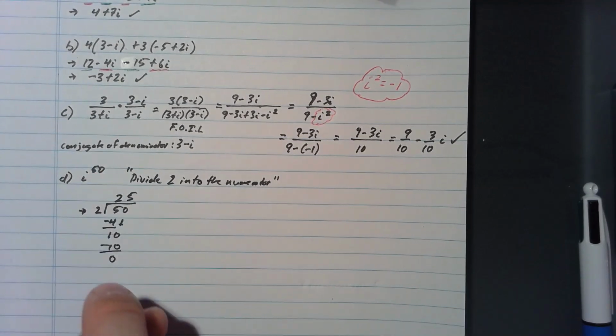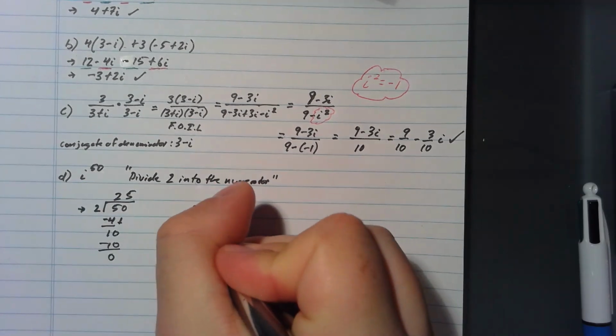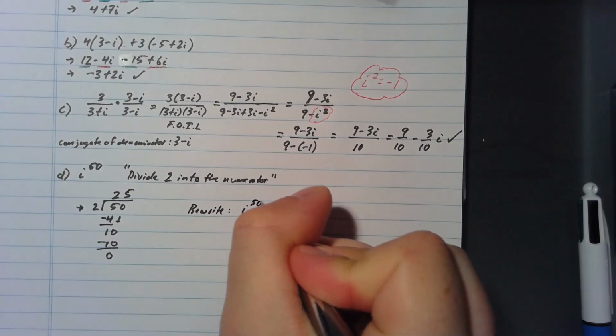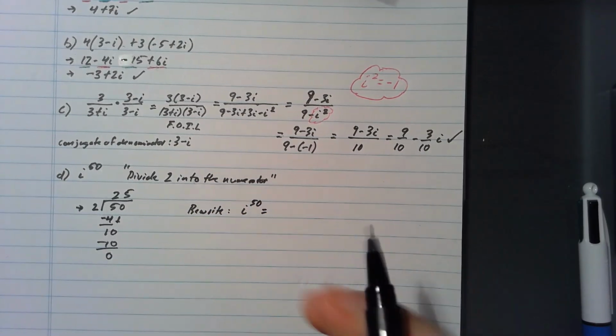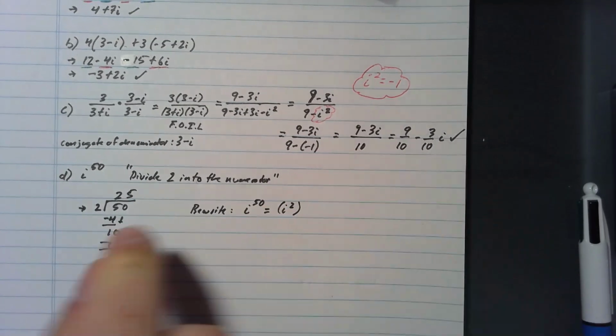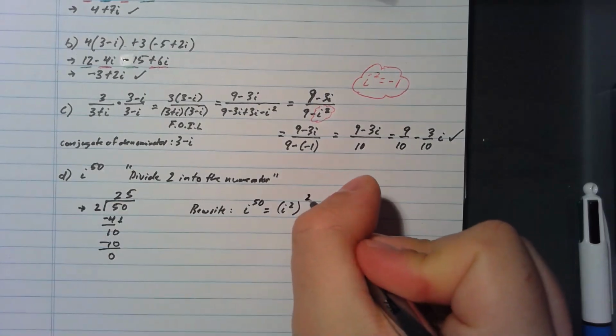It goes in evenly. So what I could do is rewrite i to the 50th as i squared to the power that I got when I did the division, which is the 25th power.